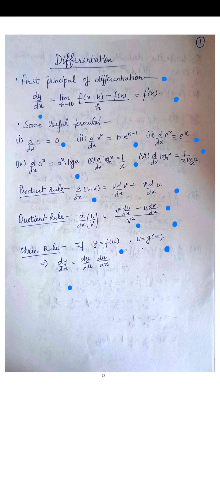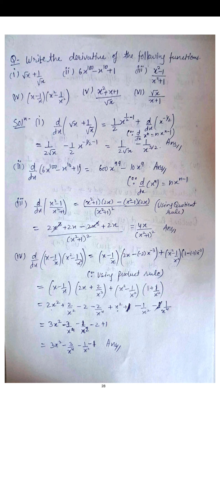So we first differentiate y with respect to u, then we find the derivative of u with respect to x. Then we have dy by dx equals dy by du into du by dx. Remember all these formulas.